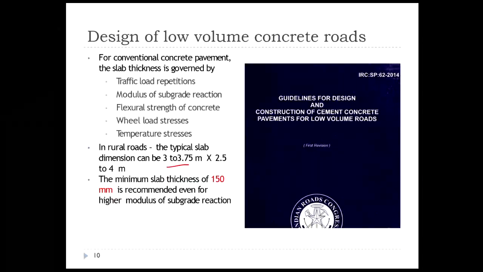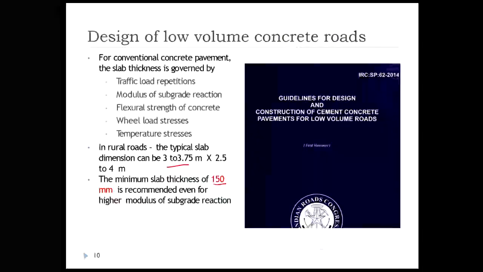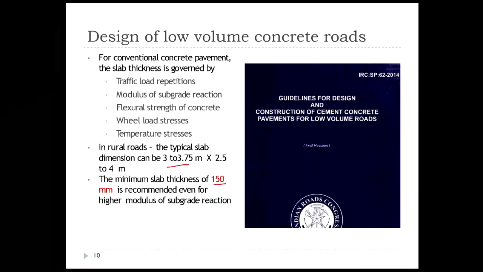These are single lanes. Now, the minimum slab thickness recommended by IRC SP 62 is 150 mm. Now, this is one of the major items whenever we are preparing our estimates. We'll find that providing a 150 mm thick concrete slab throughout the entire length of the pavement would result in a significant amount of cost for your pavement structures. So this is what people get worried about.